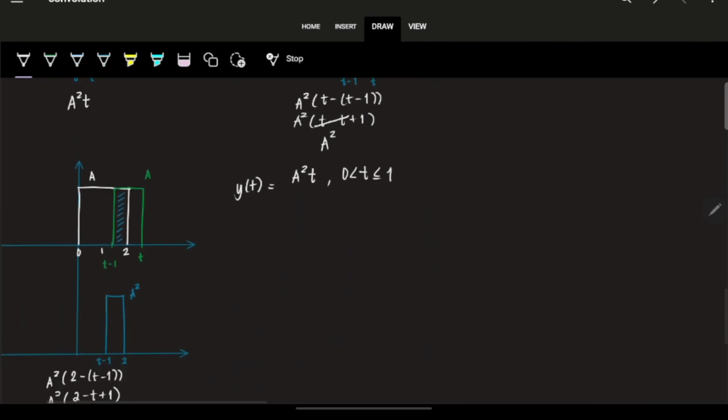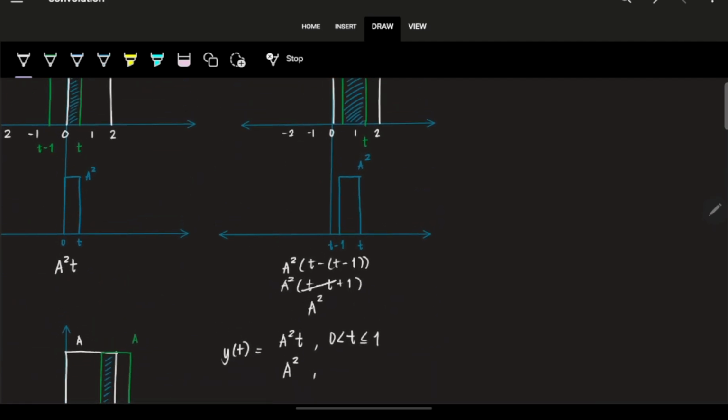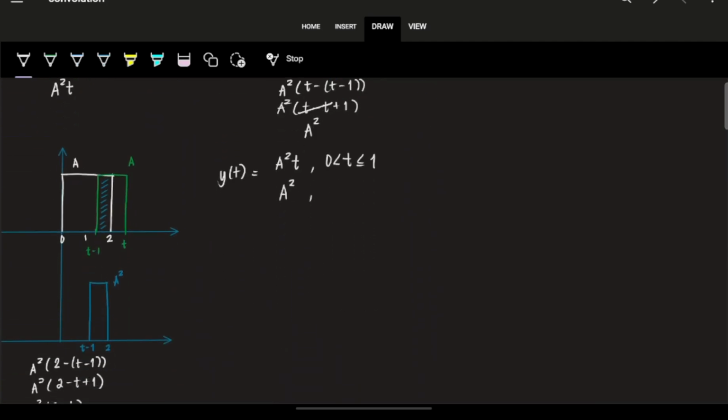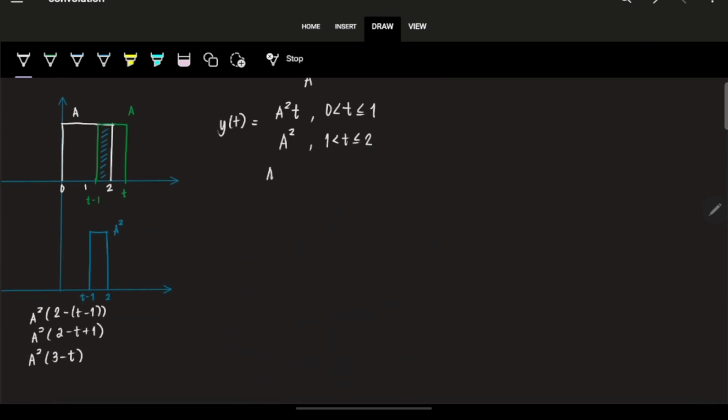Next condition, we have our a squared, between 2 and 1. Then the last part is we have a squared times 3 minus t.